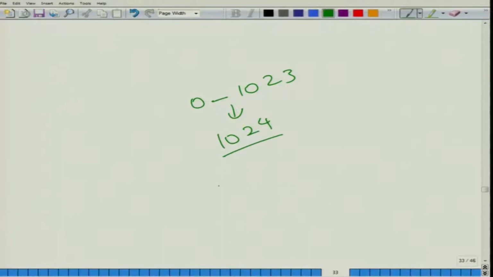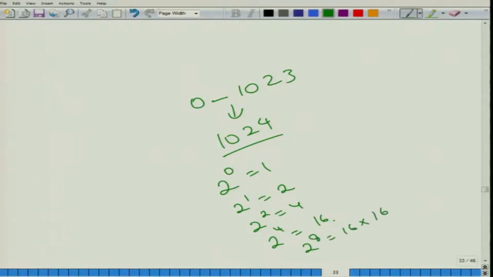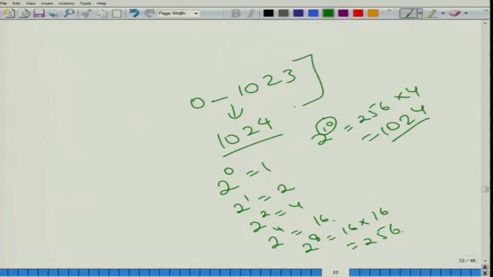Now, 1024 values, if we write it as bits: 2 to the power 0 is 1, 2 to the power 1 is 2, 2 to the power 2 is 4, 2 to the power 4 is 16, 2 to the power 8 is 16 into 16 which is 256, and 2 to the power 10 is 256 into 4, or 1024. So, this is measuring a 10 bit value from 0 to 1023.